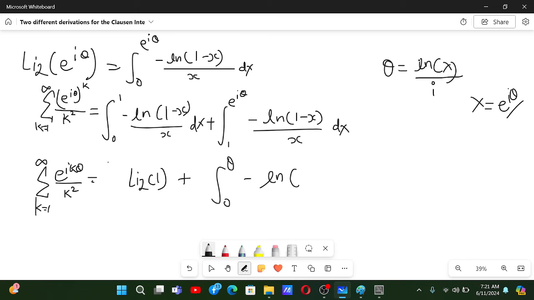Oh, hold on a second. So this was our e to the power i theta cancel theta. No. Wait. So I'm basically saying that x is e to the power i theta. So this should be our x.